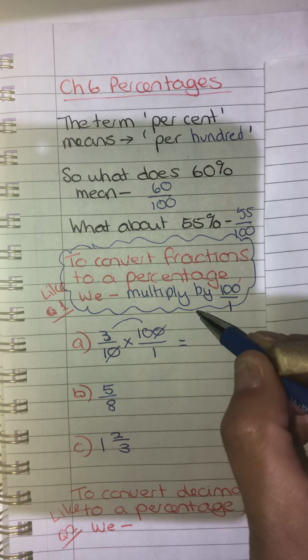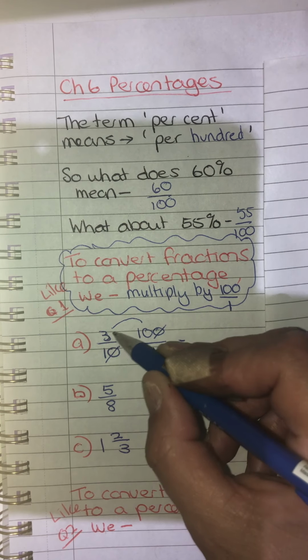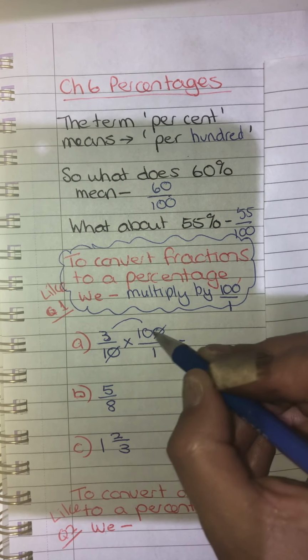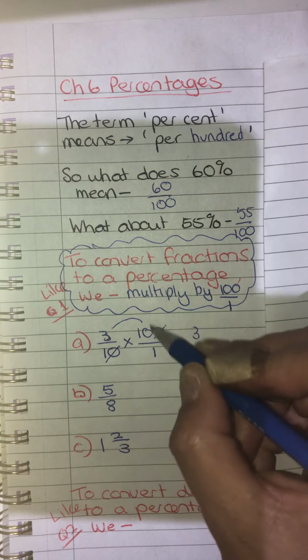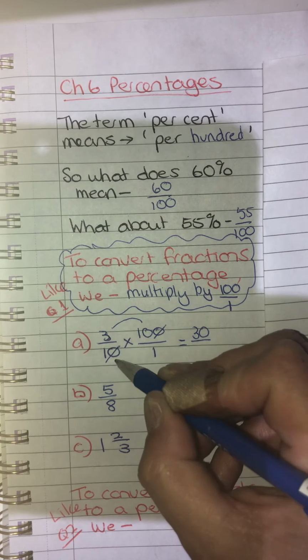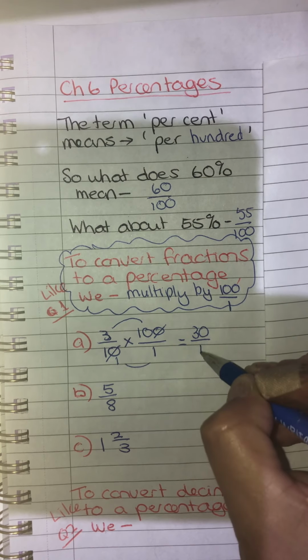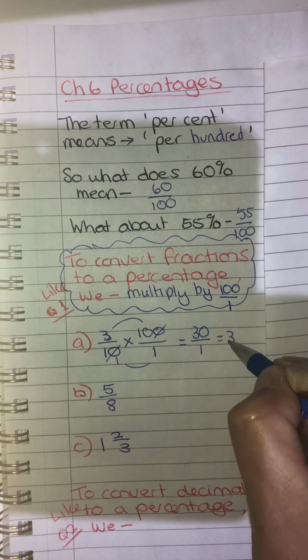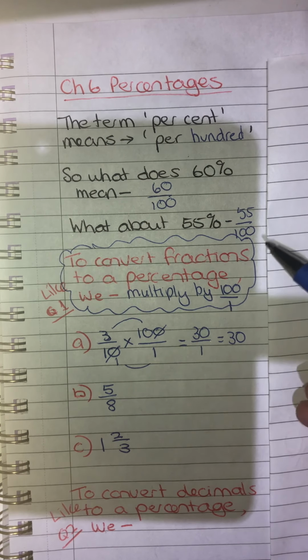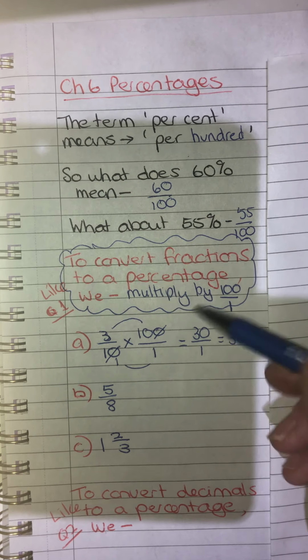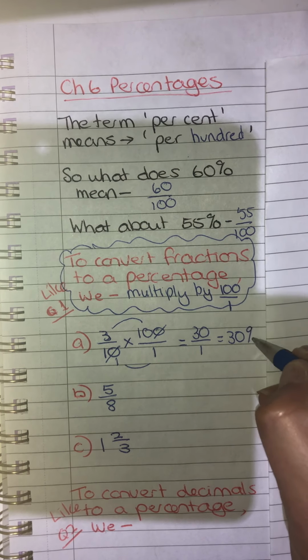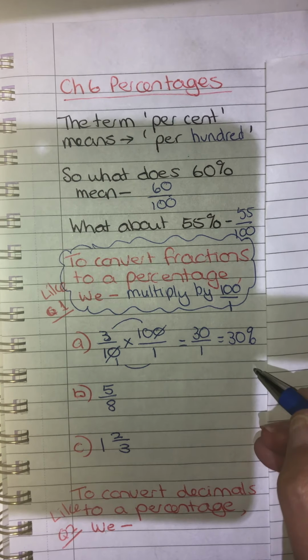So there's nothing more we can do. So the next step is to multiply across. So we're going to go 3 times 10 is 30, and 1 times 1 is 1, and we want to put 30. Now the big thing you want to remember with these is you're going to a percentage. So you need to make a percent sign on the end.